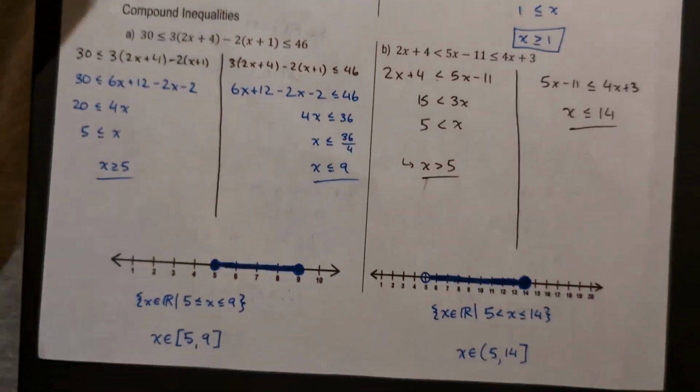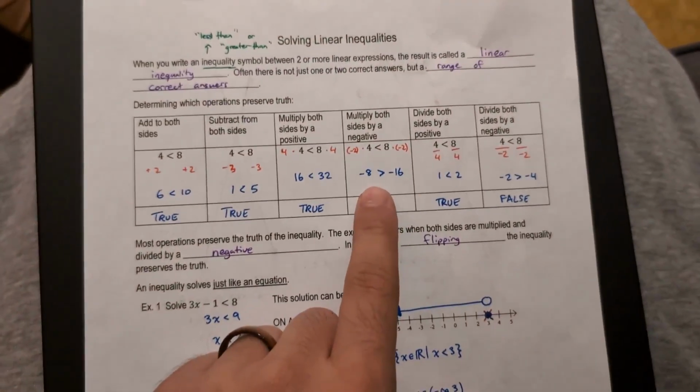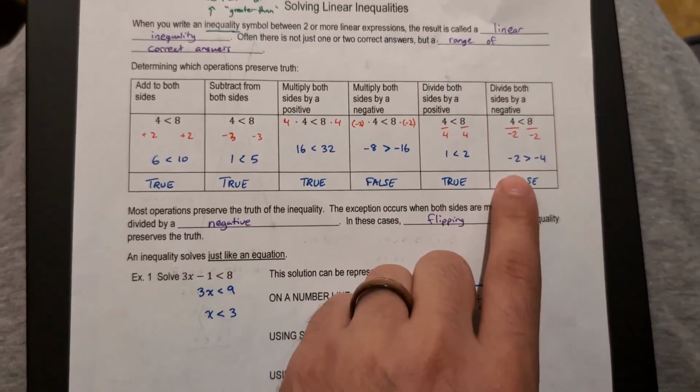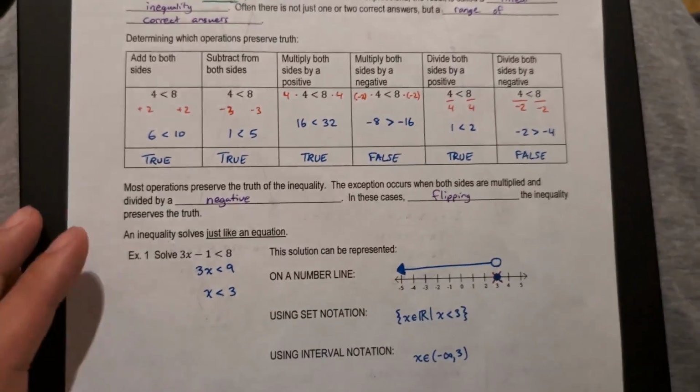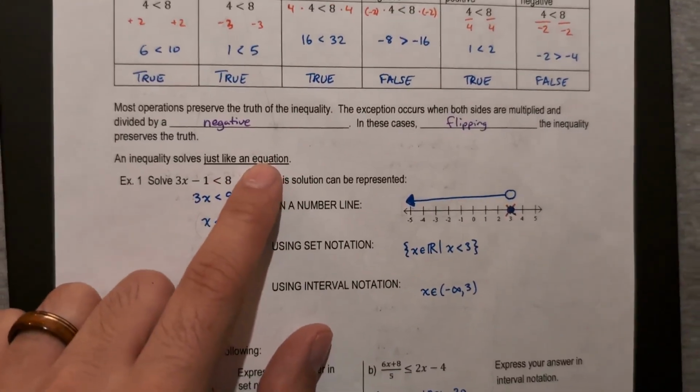So this lesson is meant to be an introduction to this idea of how do we deal with inequalities. So that biggest thing is that if you had a negative, you have to flip your inequality. Other than that, the solving is very, very similar to equations.